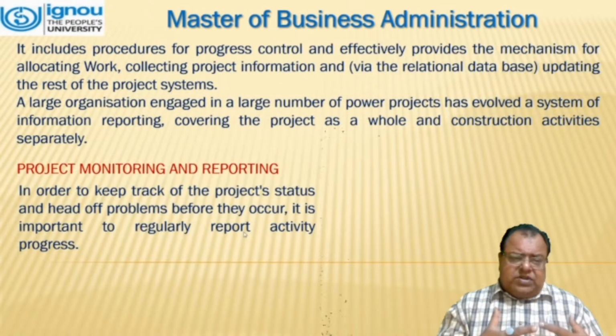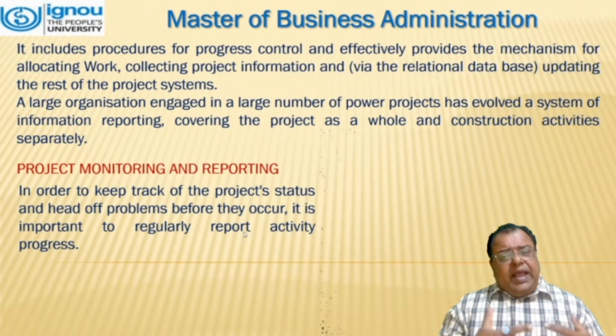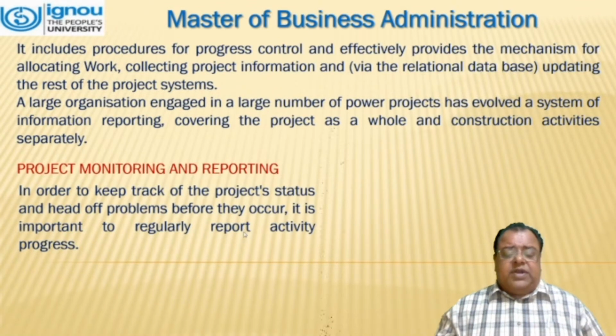It includes procedures for progress control, effectively providing the mechanism for allocating work, collecting project information, and updating the rest of the project system. A large organization engaged in a large number of power projects has evolved a system of information reporting covering the project as a whole and construction activities separately.